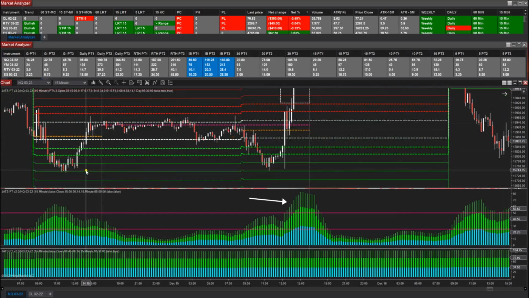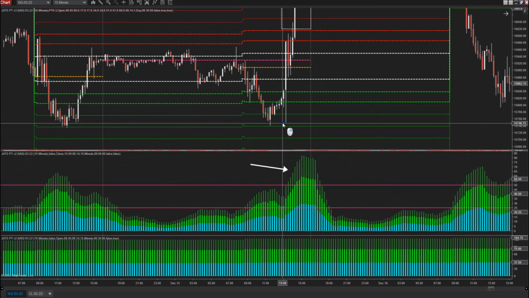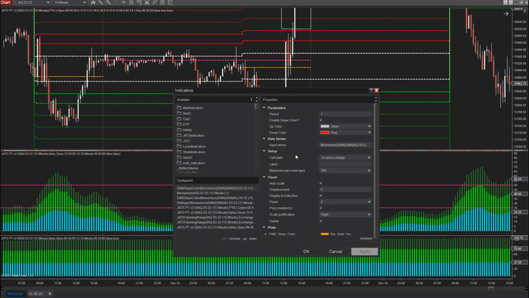So here are the 15-minute ranges with tails, and you can also nest your ranges like I do. I'll put a daily on top of it. I already have a daily.